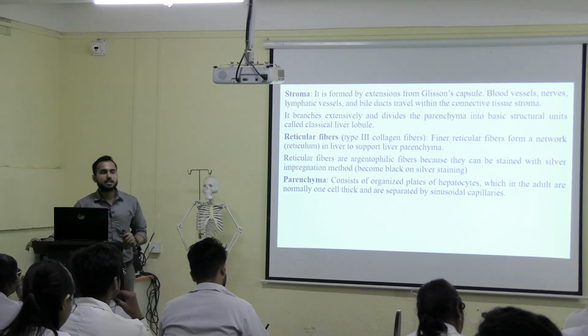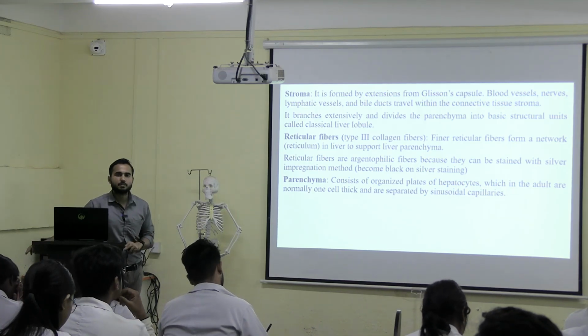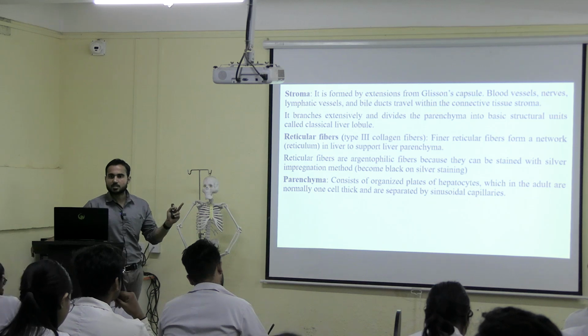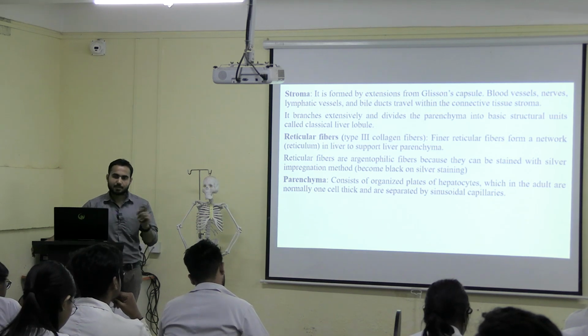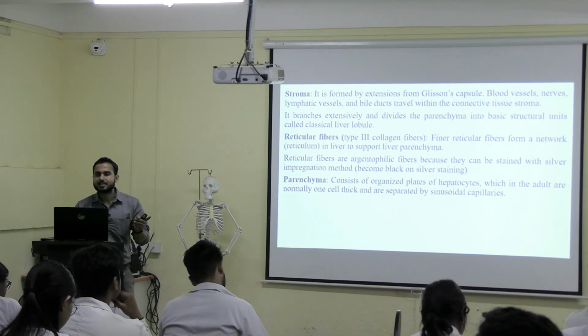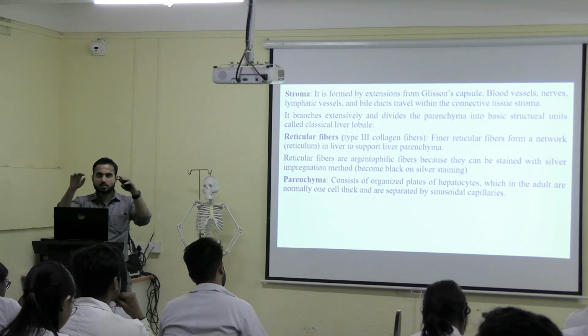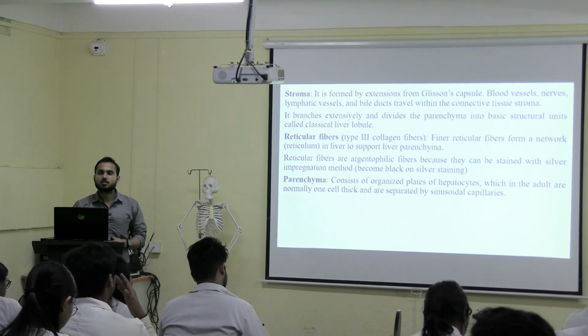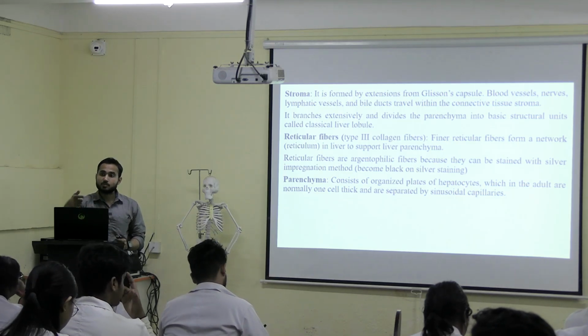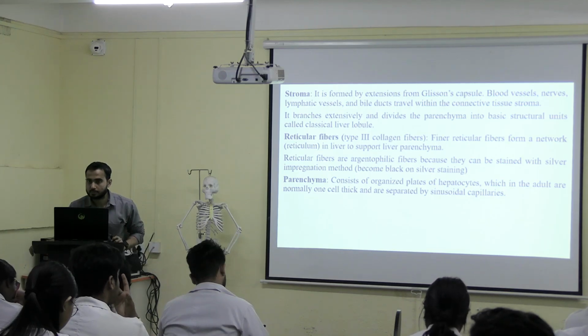So what is present in the supporting part? What are the things present in the supporting part? First is the Glisson's capsule. Then the septum. Septum means one; in case of many it will be septa, because from Glisson's capsule multiple septa are going inside the liver. Along with that, what is going? Blood vessels, nerves, lymphatics are also going in. So they will also come under the stroma of the liver.